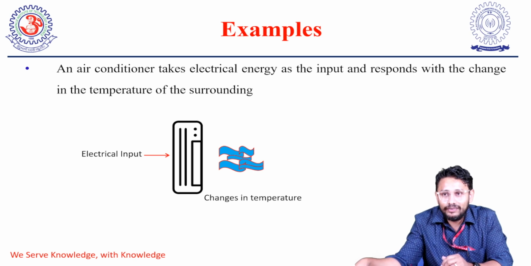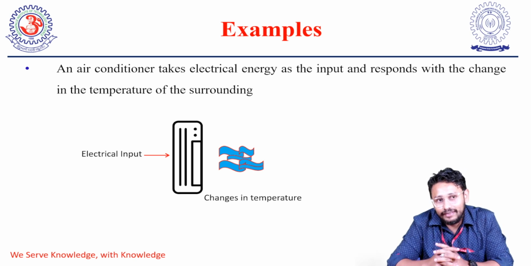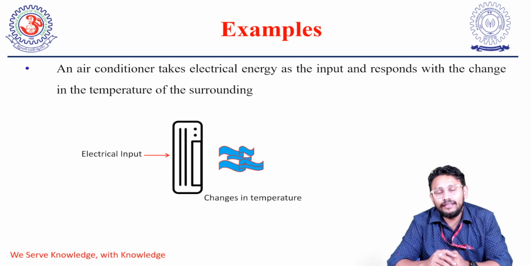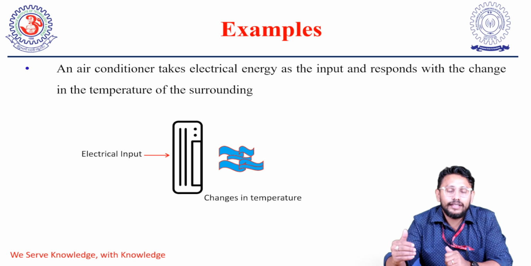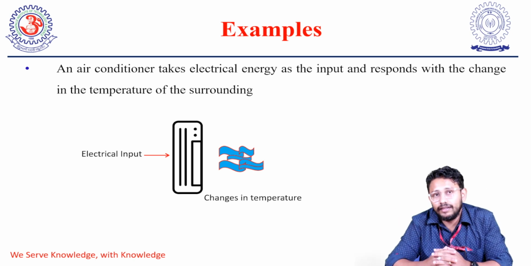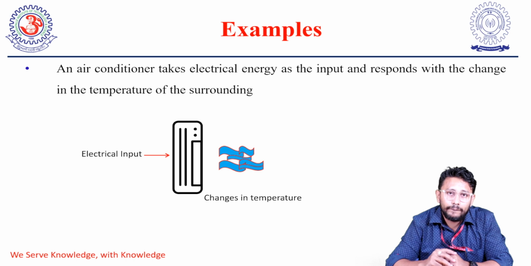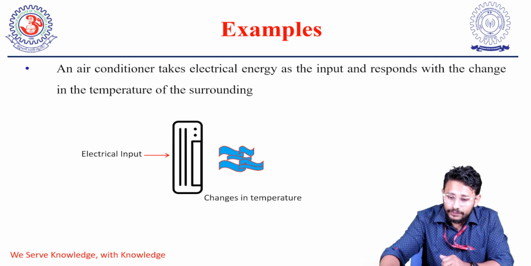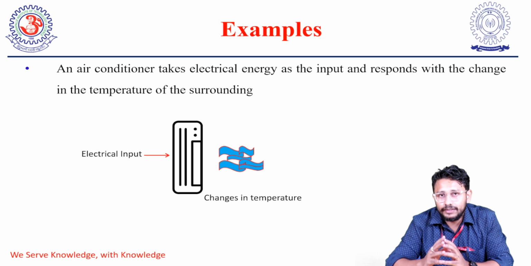If for a closed room we have a certain ambient temperature, we use the air conditioner to let the ambient temperature fall down to our comfortable level. And this can be done by varying the electrical input. The moment we give electrical input, we observe changes in temperature with reference to the ambient.